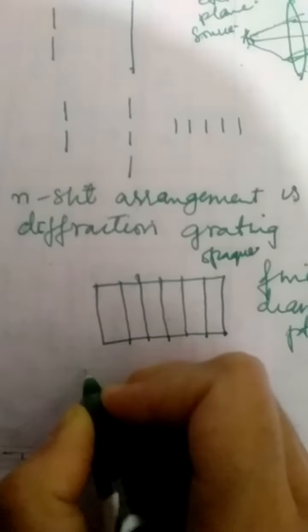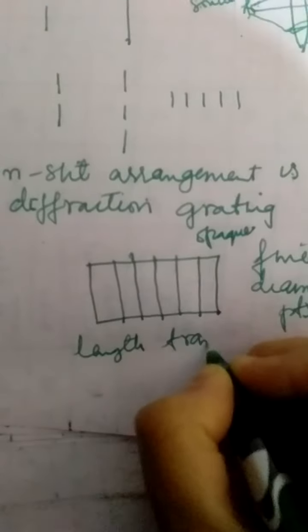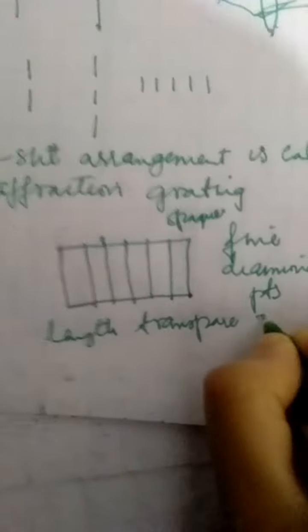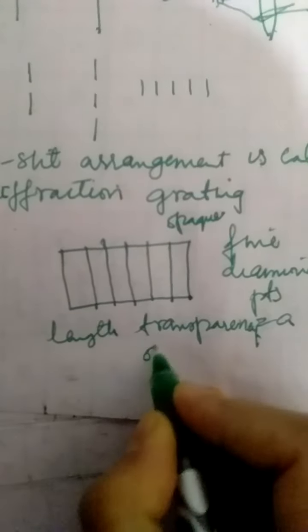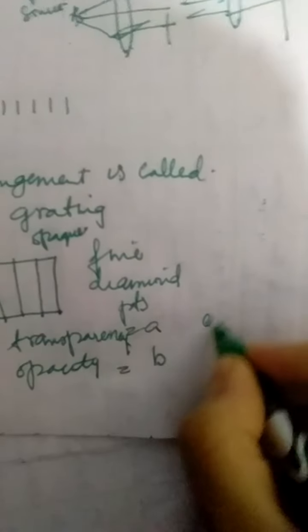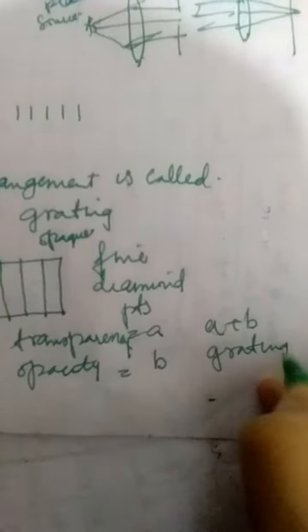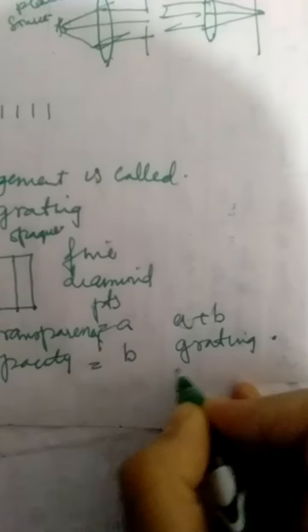If the width of each transparency is a, and the width of each opacity is b, then the sum of the two, that is a plus b, is called the grating element.